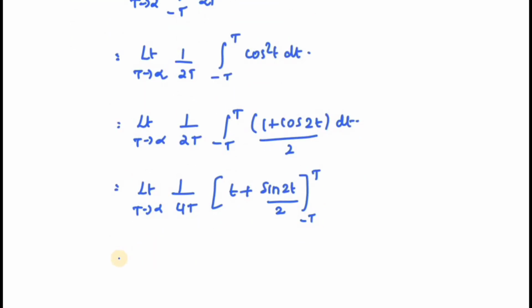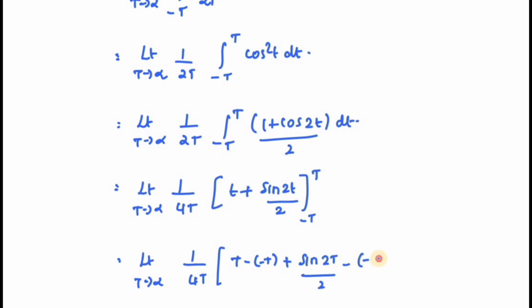So if I solve, I will get limit t tends to infinity 1 by 4t times t minus of minus t plus sine 2t by 2 minus of minus sine 2t by 2.